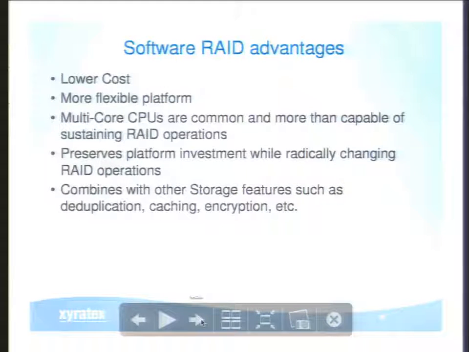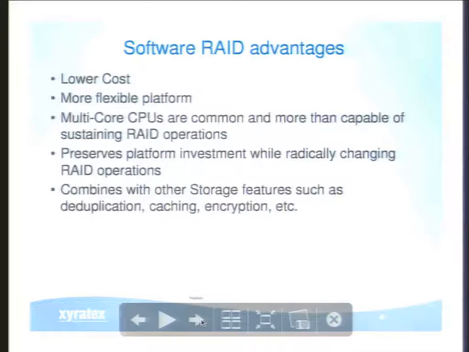So what are the advantages of software RAID, and why is the industry moving back to software RAID? Software RAID is, generally speaking, lower cost because you're only paying for the HBAs. You've already paid for the CPU that you're using. Multi-core CPUs are now common, and they're common on servers as well as clients.